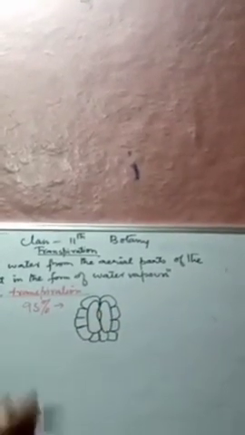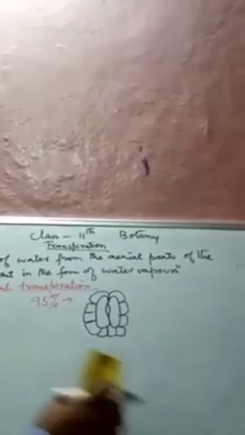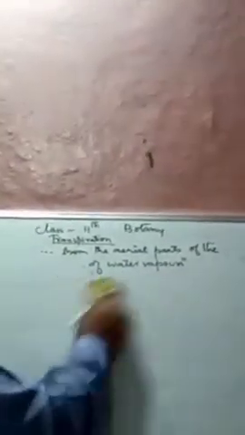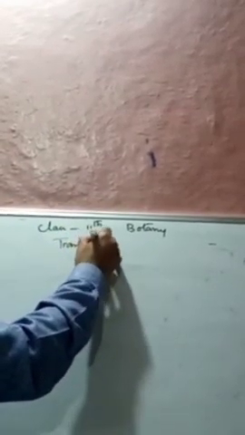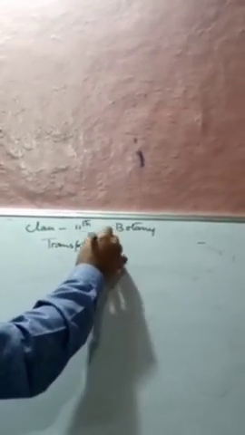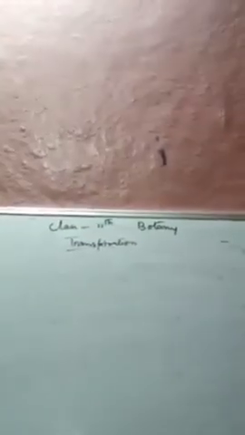Now, if we look at the distribution of these stomata, how they are distributed in the plant or in the leaf, we have various types. Now we will discuss the distribution of the stomata on the leaves.